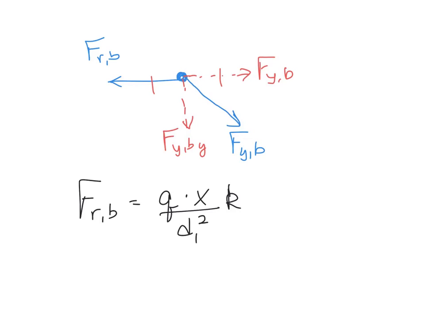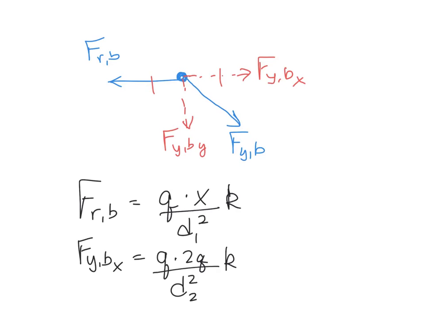Well, I know that's equal to the x component of the yellow sphere on the blue sphere, and that is q times 2q, again Coulomb's law. The distance between those two is d2, that quantity squared, times k. Sorry, that's the magnitude of the total force, not the x component.